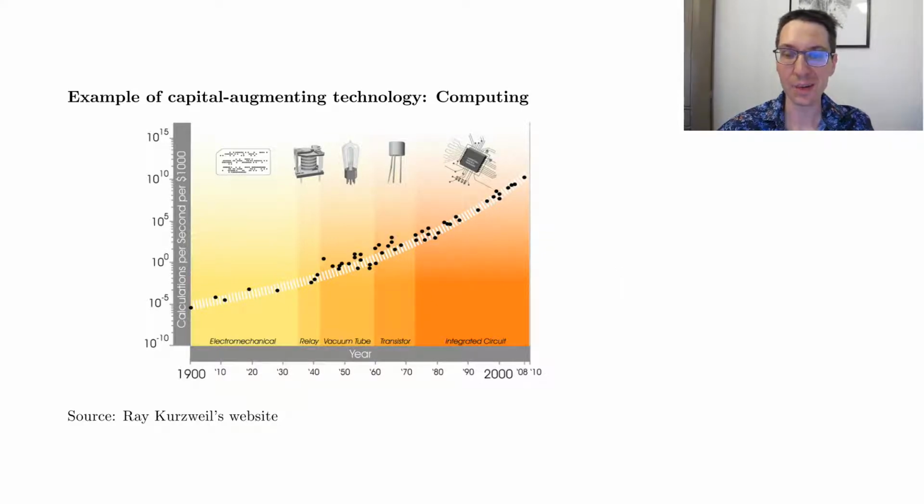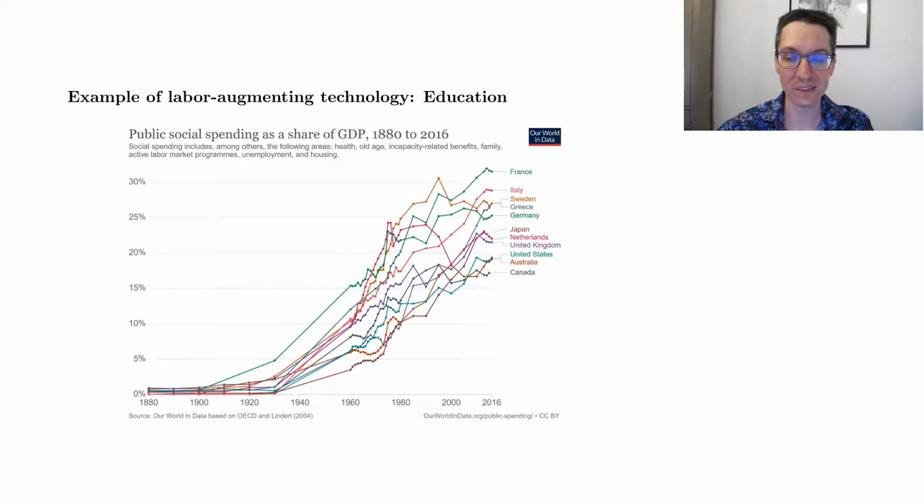And then labor augmenting technology. This also is quite easy to think of an example. So here is one: education. You could also think of IQ, for instance.